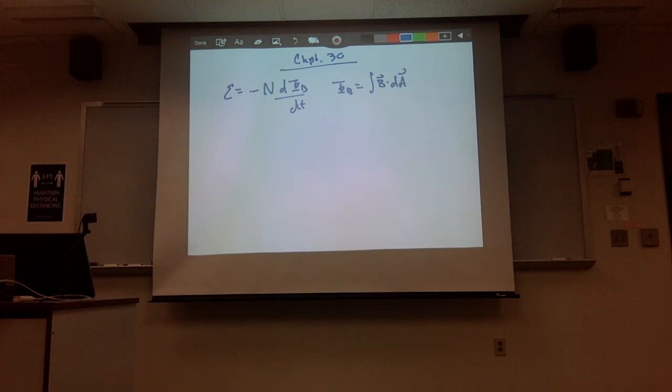So this was our baby version of Faraday's law. And then our actual version of Faraday's law says that the closed loop integral of the electric field dotted by the differential length is equal to negative the number of loops times the time rate of change of the magnetic flux, which is the integral of B dot dA. So this is our full version of Faraday's law.